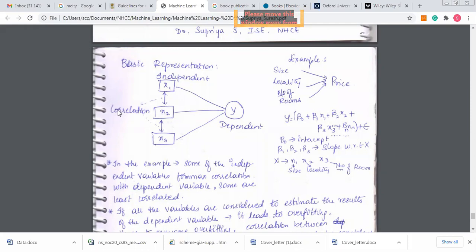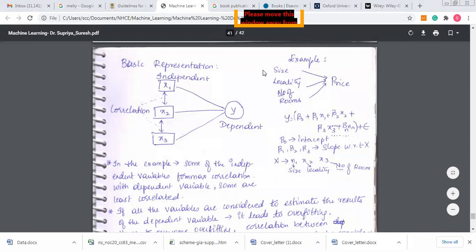So I can drop one of the parameters. Let's not take the parameter of locality, or let's not take the parameter of size. When I have locality, I need not consider the size. When I have size, I need not consider the locality for my prediction, because they have similar characteristics between each other.